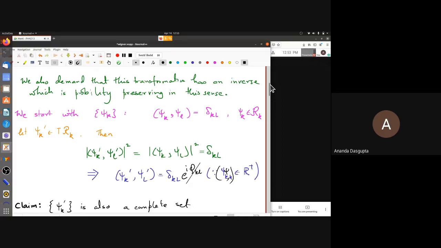Because after all, for any vector in any ray, I have a free choice, right? Whichever vector I pick. Even if I fix psi k prime, I still have infinitely many choices about psi l prime, right? How is it still possible that I'm going to get delta kl for all of them?